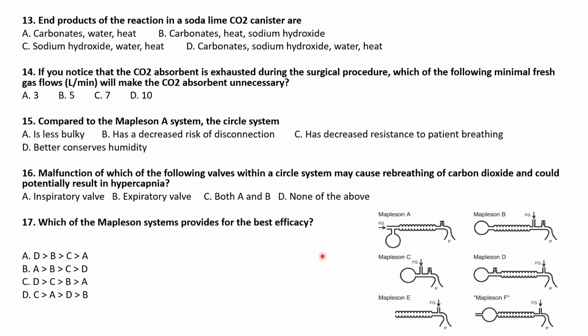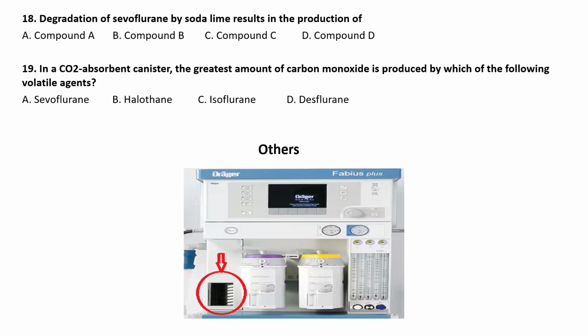You should remember them. Degradation of sevoflurane by soda lime results in production of... in the CO2 absorbent canister. The greatest amount of carbon monoxide is produced by which of the following?